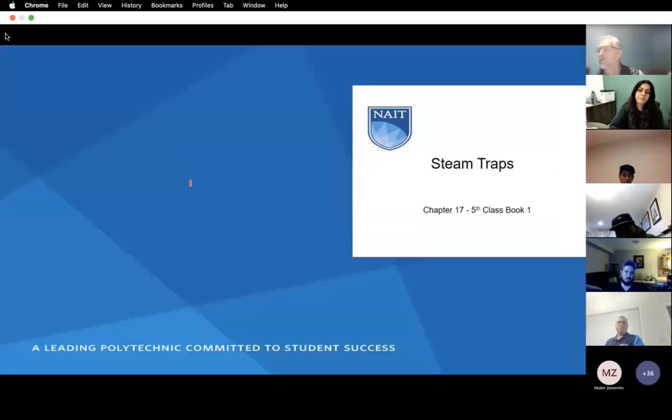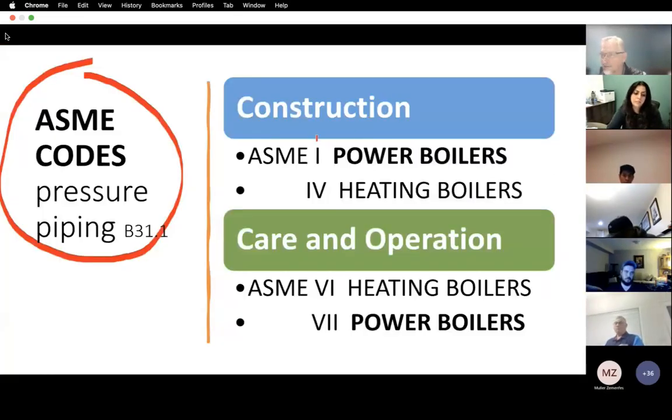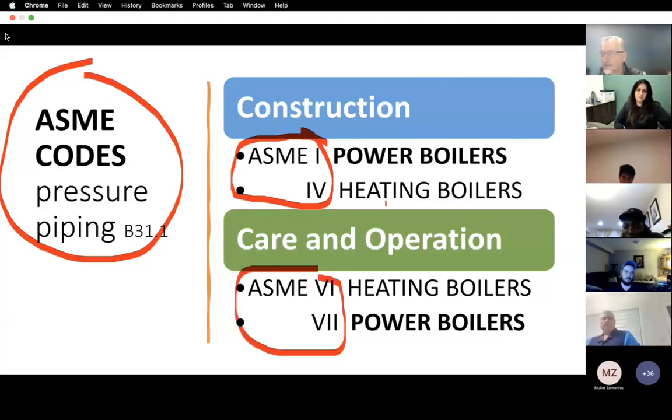Okay. We're really just going to need to know the name of 4 sections of ASME for the most part. 1 and 4 and 6 and 7. And then we'll know the difference between construction of different kinds of boilers, heating boiler, power boiler, construction or operation.